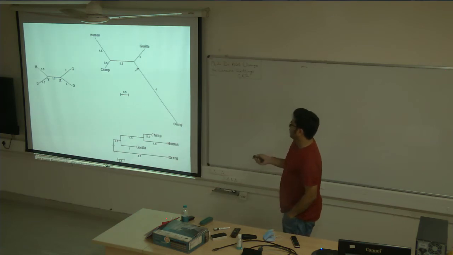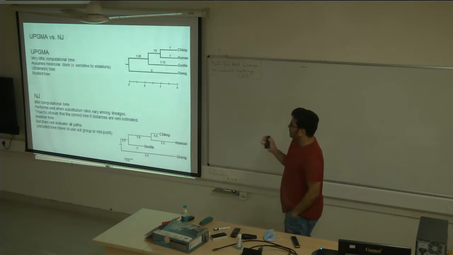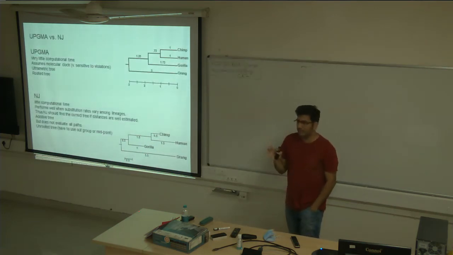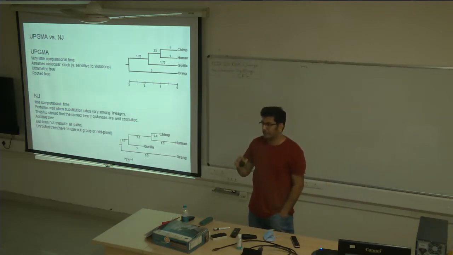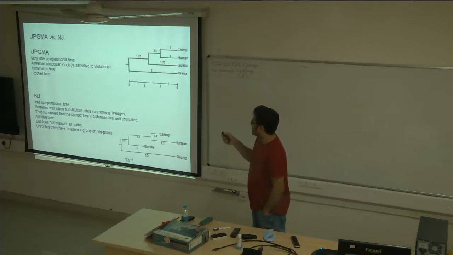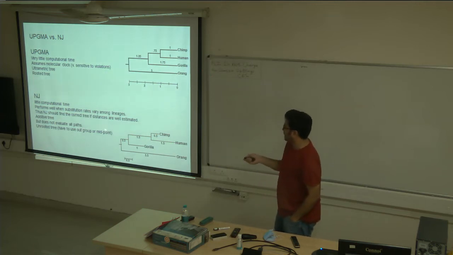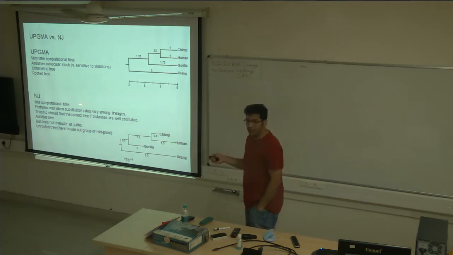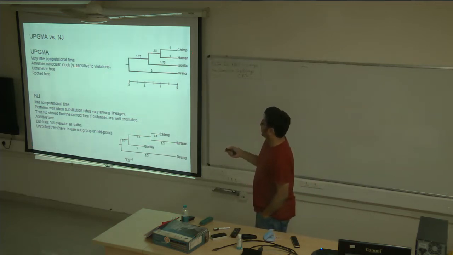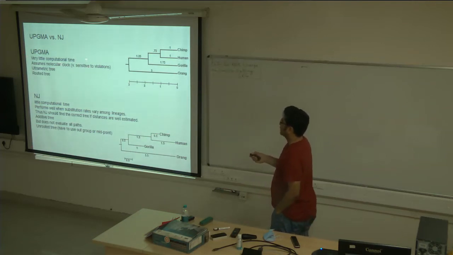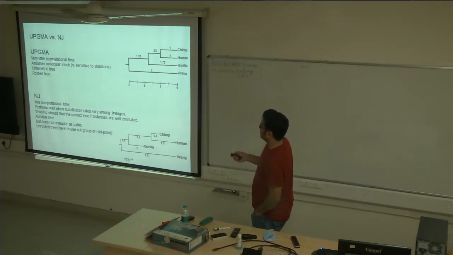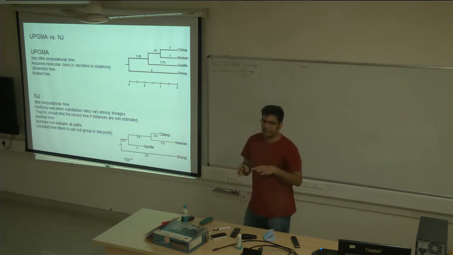And yeah, did you guys understand the idea behind UPGMA and neighbor joining? There are some differences between UPGMA and neighbor joining. Although the only good thing about UPGMA is that it takes very little computational time.